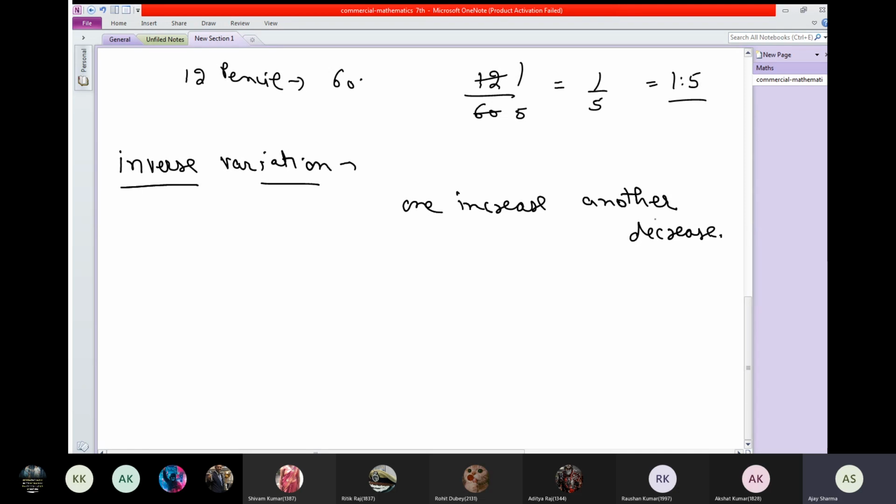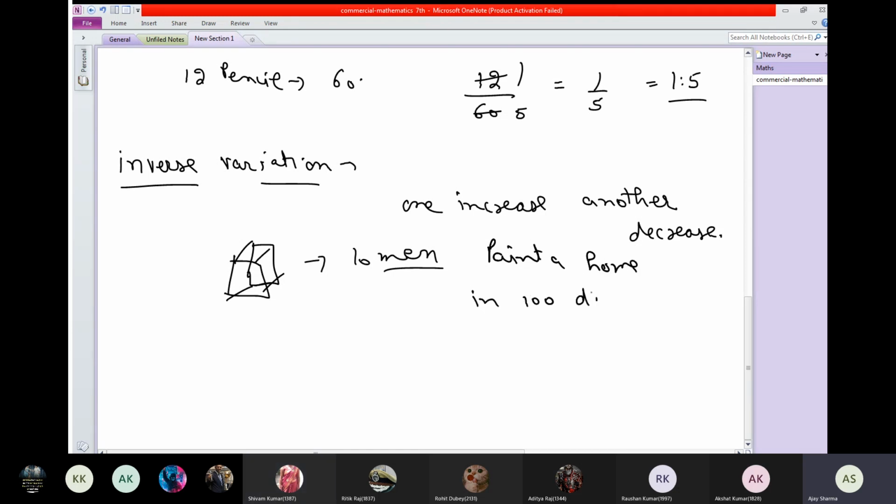Like I give you an example for it. If 10 men paint a house in 100 days.